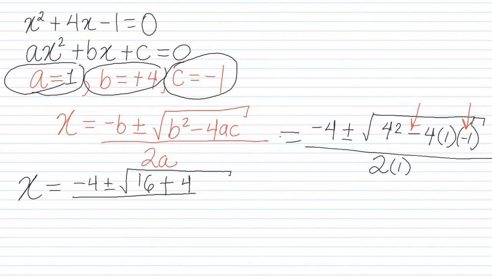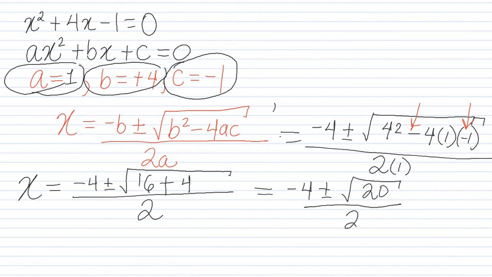So you have that divided by 2. So when you go on to this, you have -4 plus or minus the square root of 16 plus 4, which is simply 20, divided by 2. So x equals -4 plus or minus the square root of 20 divided by 2.